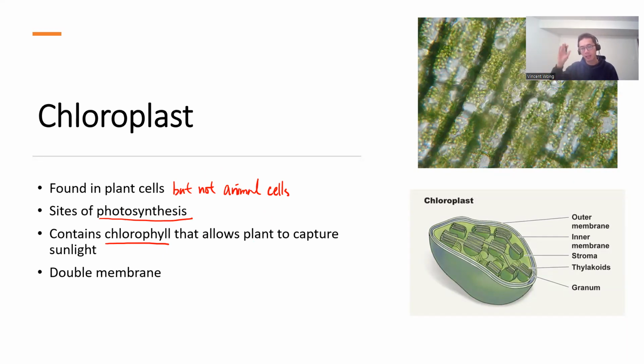If the plant part is green, then it contains chlorophyll, and that's the compound that allows the plant to capture the sunlight and use it to make food. Much like the mitochondria, it also has two membranes. You can see there's an outer membrane and an inner membrane. Never mind these names, I'm not going to ask you for them. So that's the chloroplast.